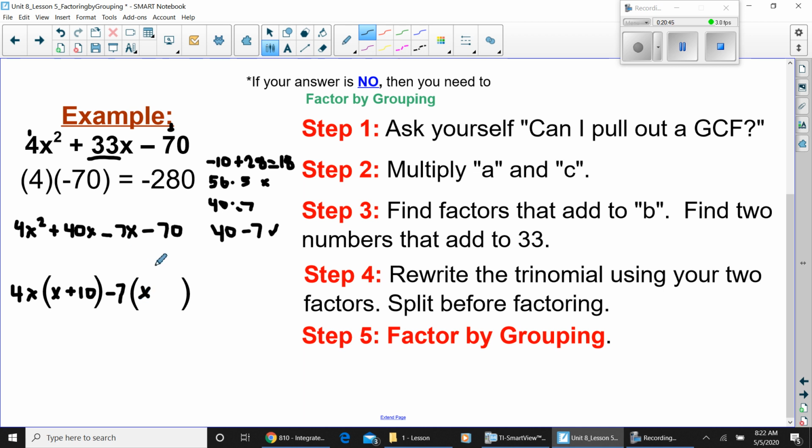And then -7 times what equals -70? -7 times +10 equals -70.